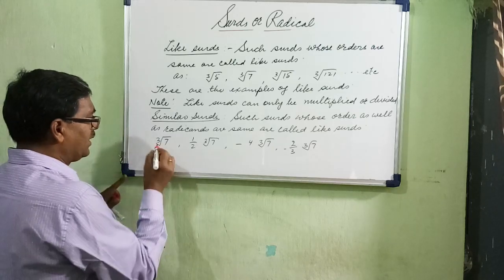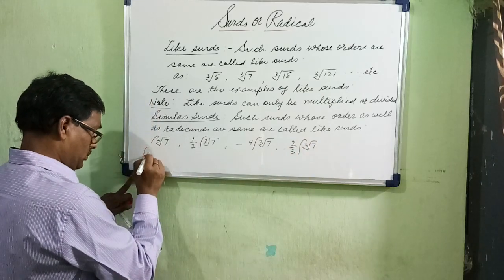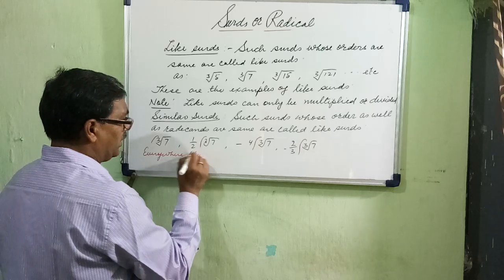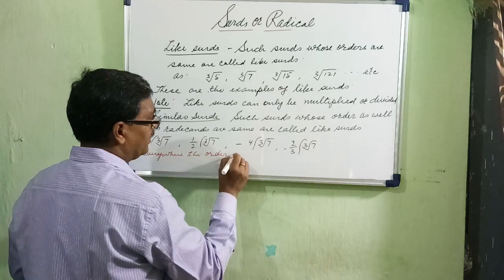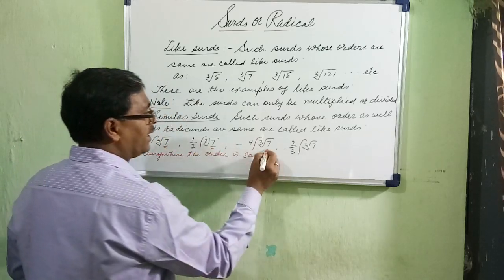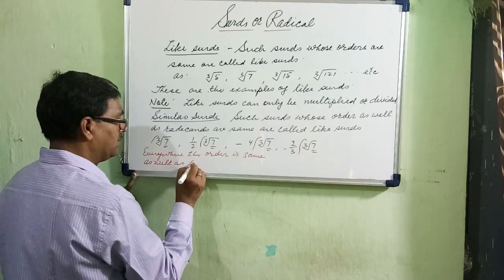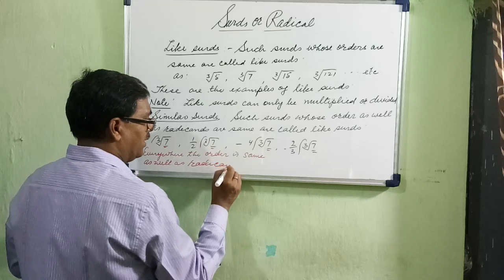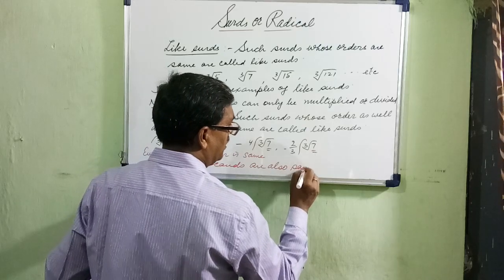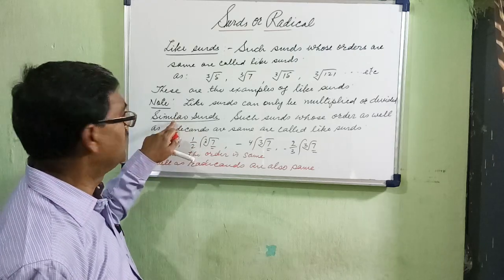Everywhere the order is same, and what is this? Radicands are also same, and that is why this kind of surds we call similar surds.